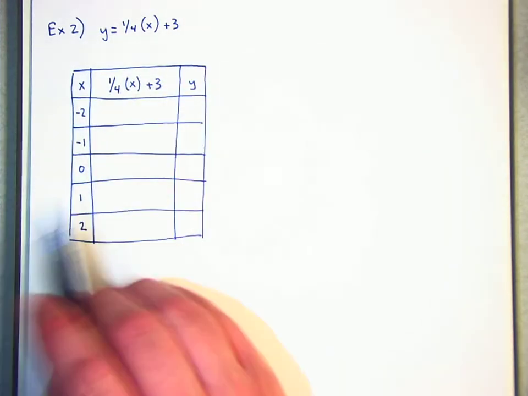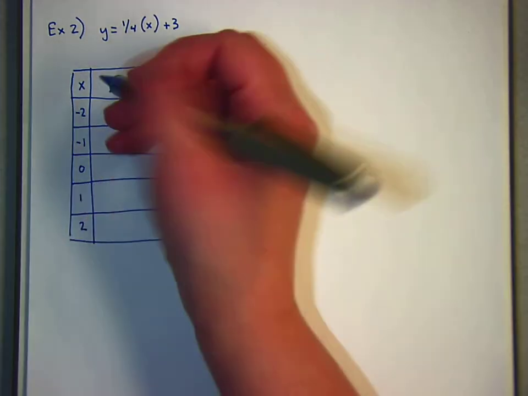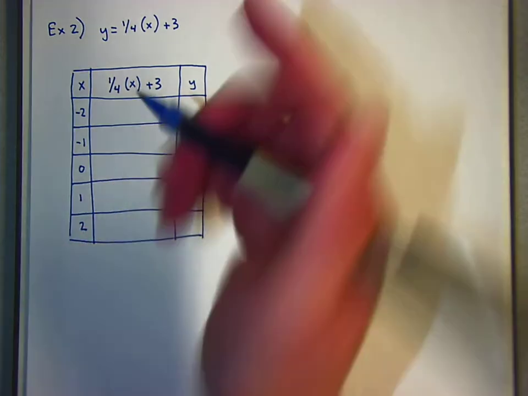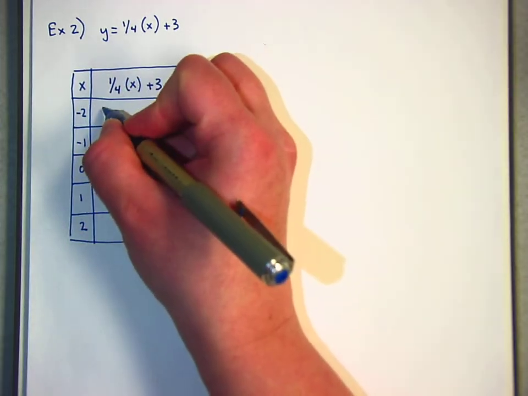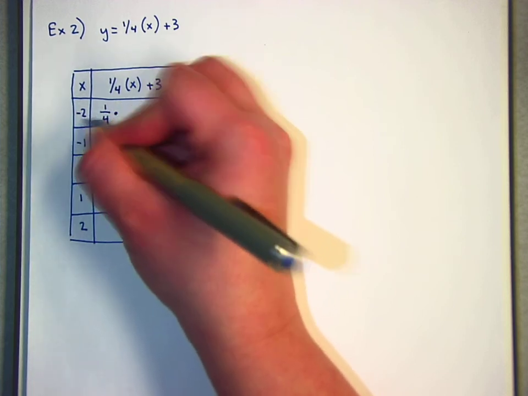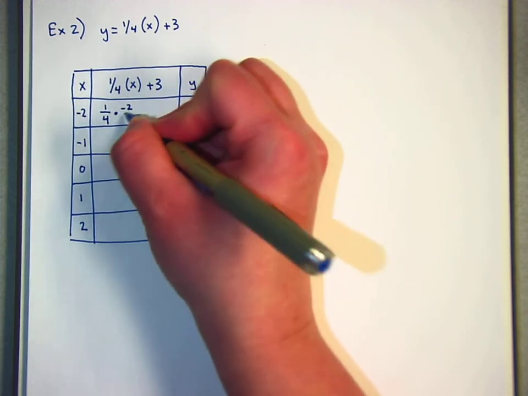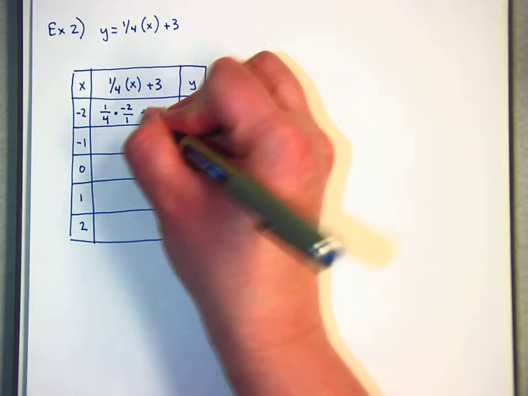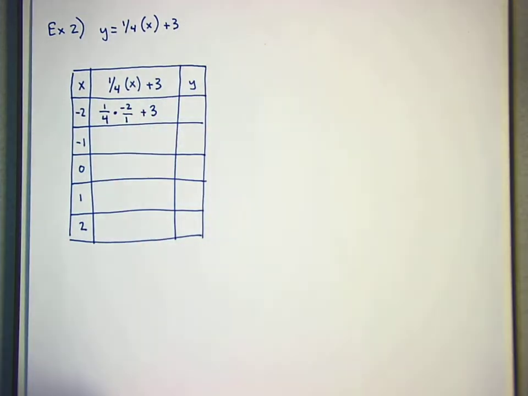All right, so I'm going to start plugging it in again. Now, these fractions get a little tough, so why don't you stay with me on this and not do it on your own just for a minute. This is 1/4 times, I'm going to call this x -2/1, because that's the same thing as -2, which will make it a little easier for me, plus 3.